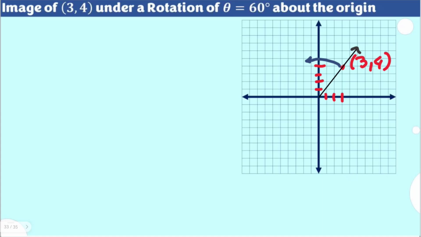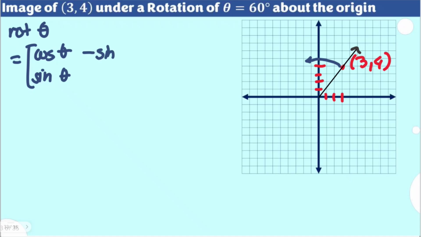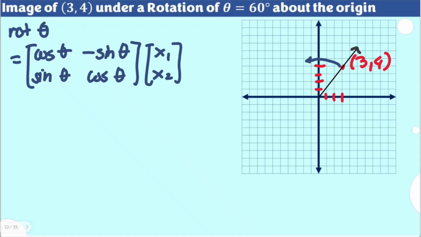To determine it further, let's use this formula here. The formula is indicated by the matrix cosine theta, sine theta, negative sine theta, cosine theta, times the components of your given point, x sub 1 and x sub 2, or for some cases, x and y.